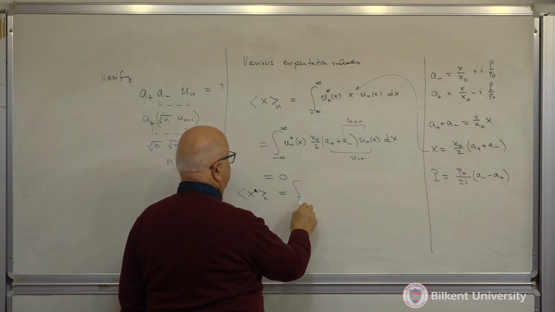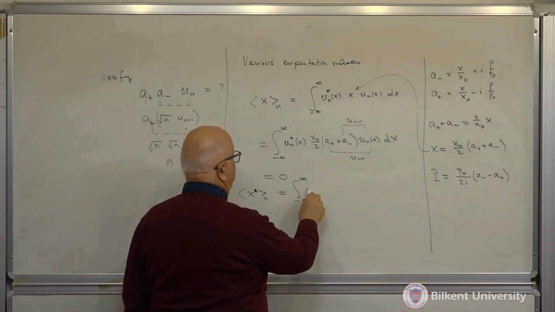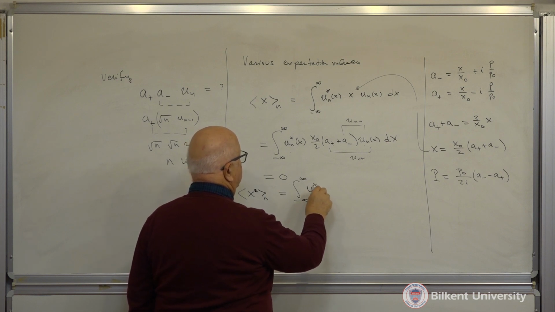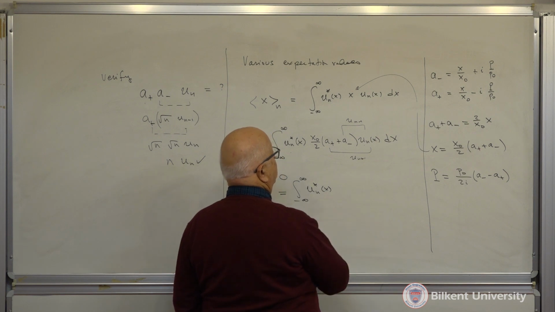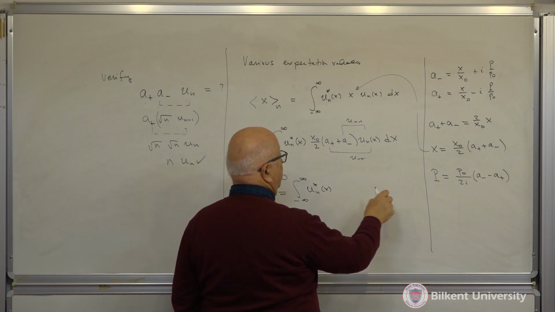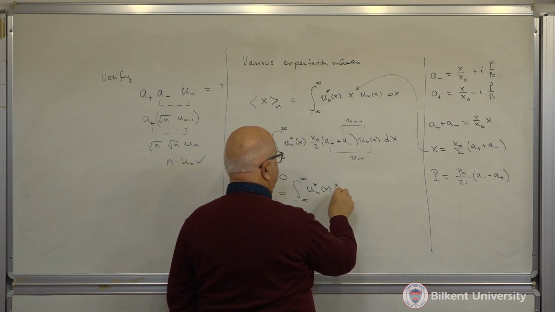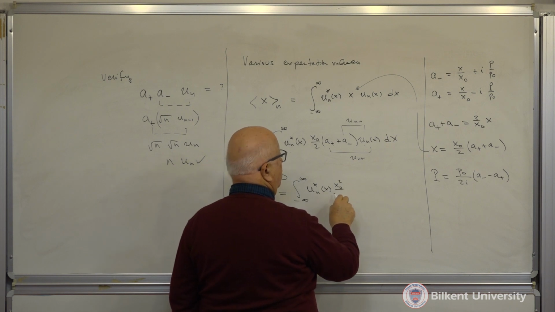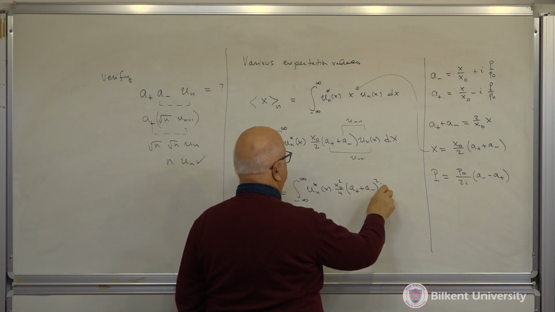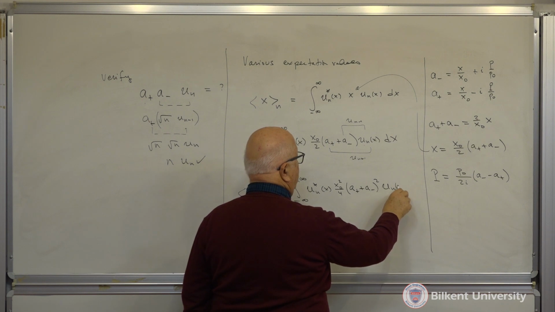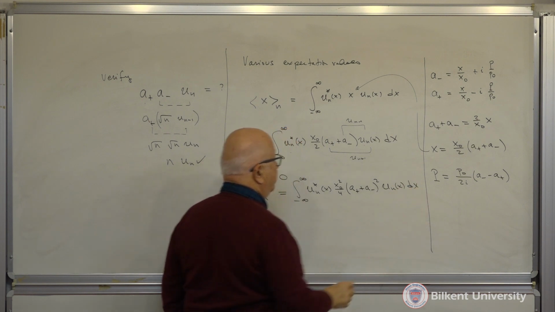So I'm going to get the integral from minus infinity to infinity of un star of x times x squared. So what is x squared? x0 squared over 4, (a plus plus a minus) squared, un of x dx.